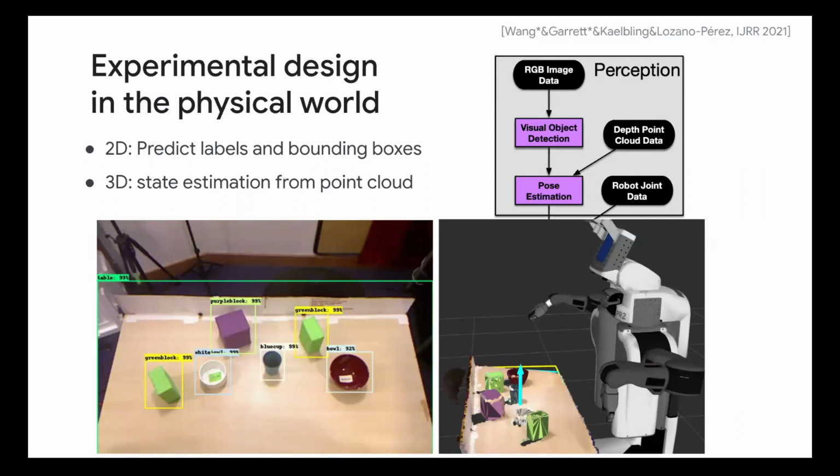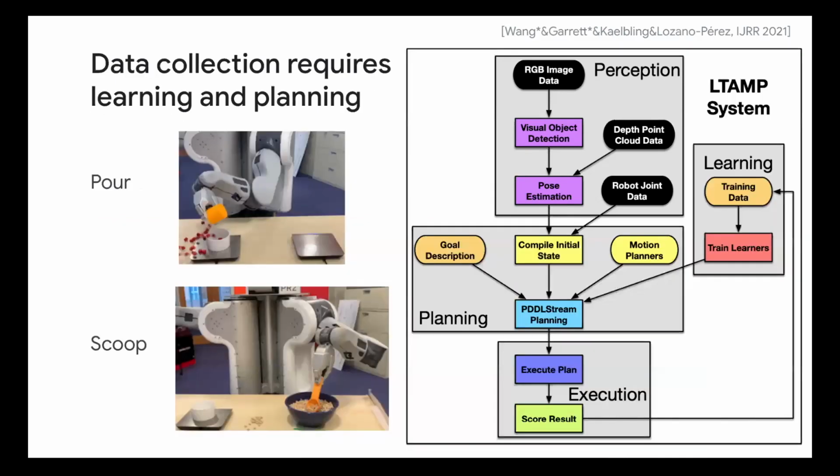In terms of our experimental design, the goal is to execute a certain action with the parameters specified by the learning mechanism, so all the GP and STRADDLE approaches that we've seen earlier. That's what this particular learning module is doing.